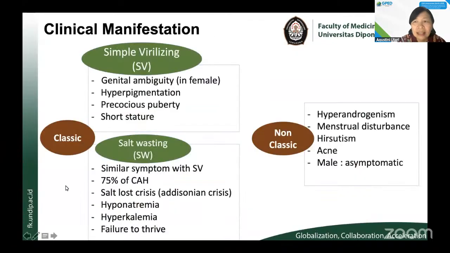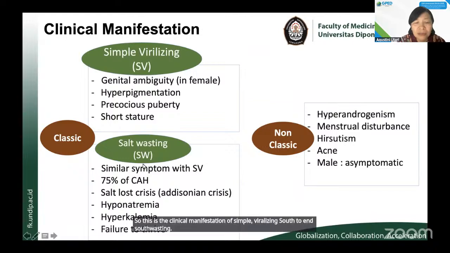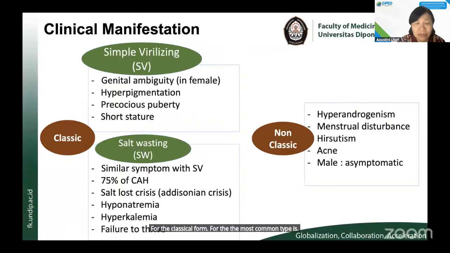So this is the clinical manifestation of simple virilizing and salt wasting. For the classical form, the most common type is salt wasting: 75% of CAH is the salt wasting type. This has symptoms of salt loss like hyponatremia, hyperkalemia, and dehydration.